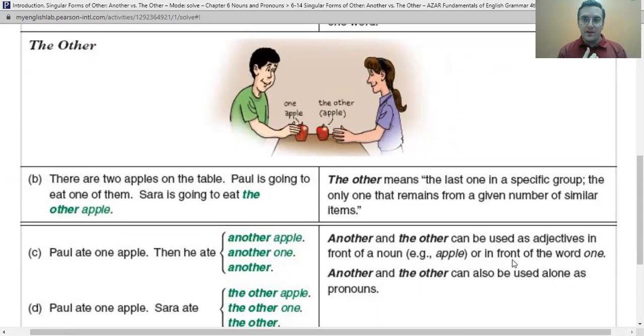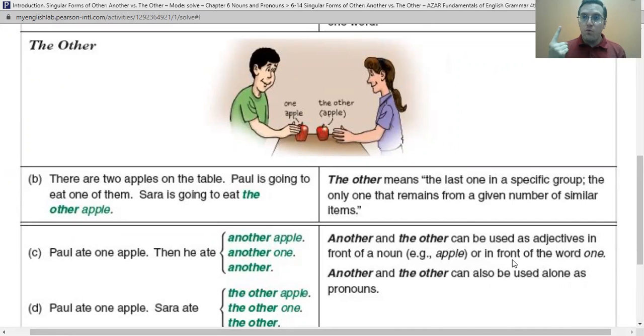So the other means the last one in a specific group, the only one that remains from a given number of similar items. The is specific, right? The apple is similar to saying this apple or that apple. It means a specific apple. Paul has one apple.